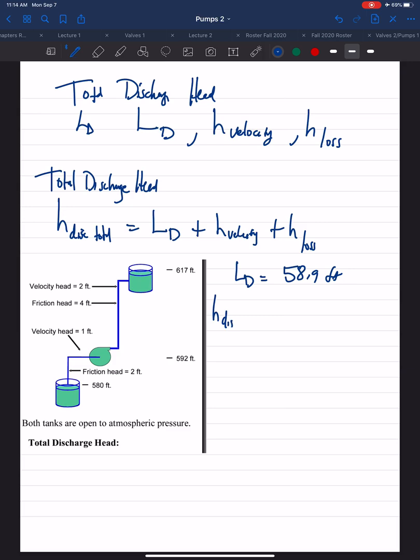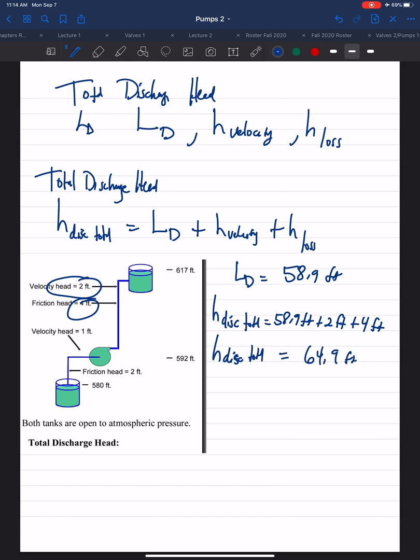So total discharge head plus our velocity losses, which we said is 2 feet, plus our frictional head, which is 4 feet. So our total discharge head is 64.9 feet.